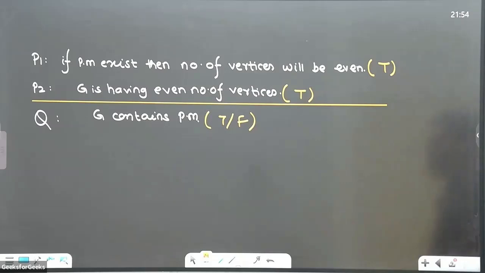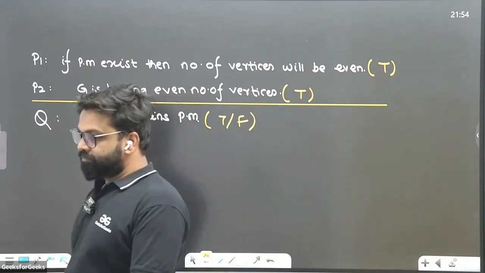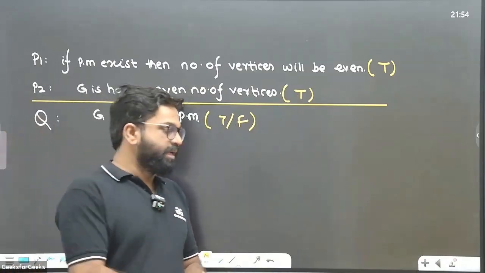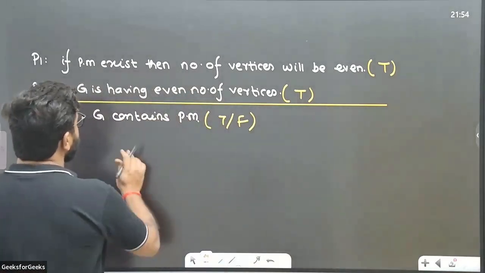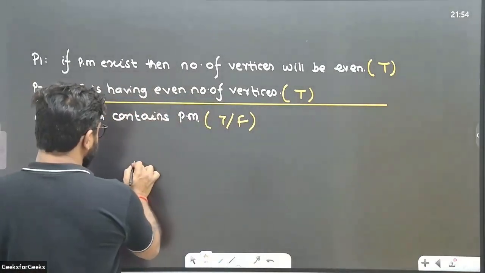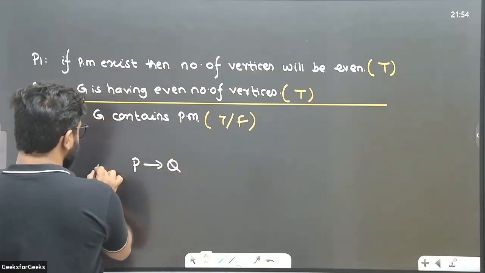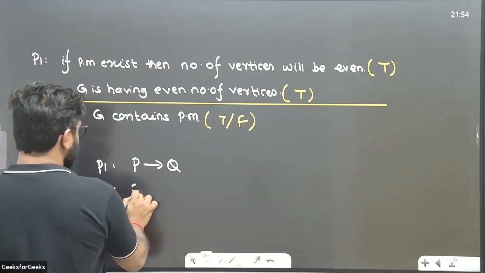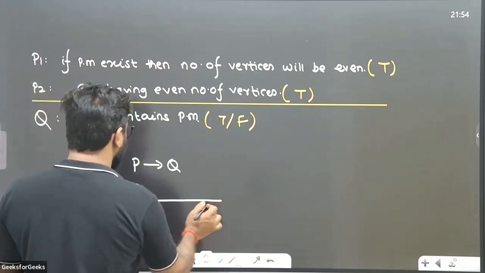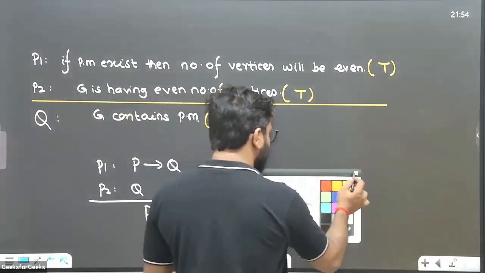It's a very simple concept. Let me show you with the help of a truth table. What this truth table shows: if perfect matching exists, I'll try to take this as P implies Q, and this will become your first premise. The second premise is Q. Now the conclusion they are asking for is P. This is one way of writing.